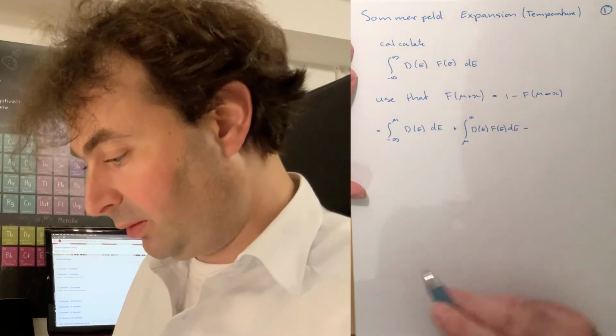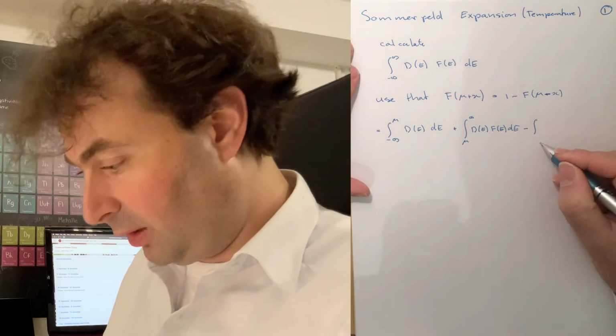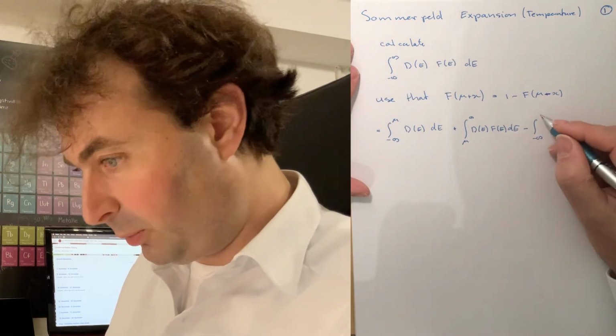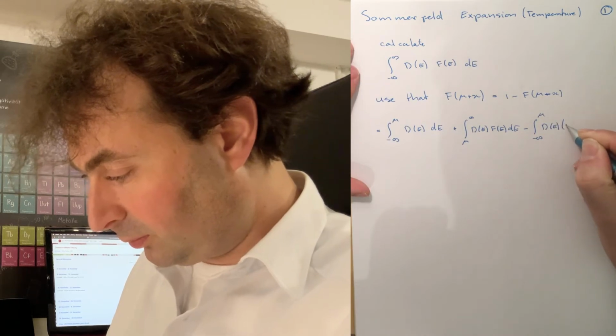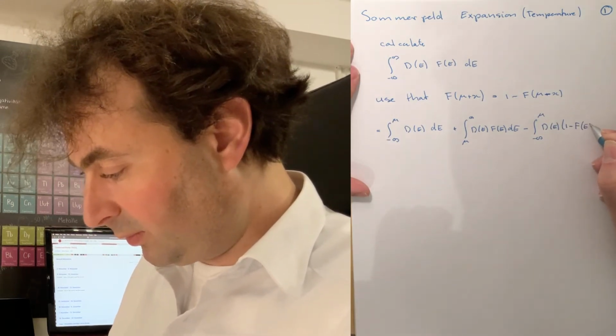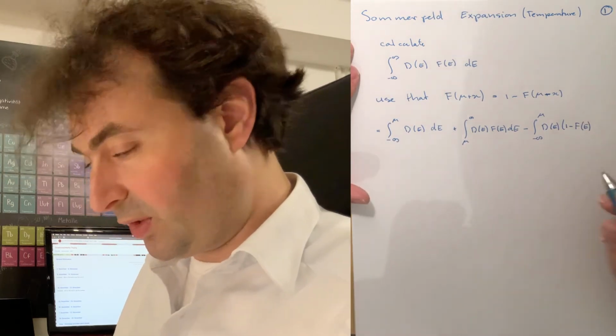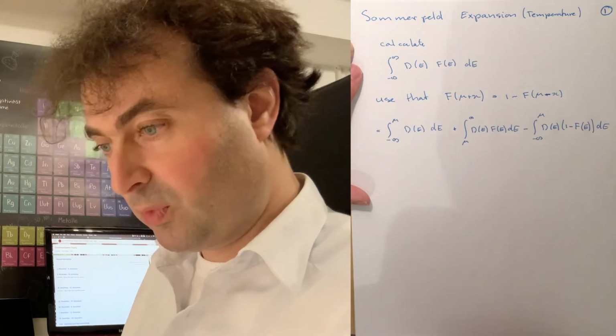And then we have to subtract the integral without the chemical potential, and we have to add the integral of the densities of states times the Fermi function, dE.